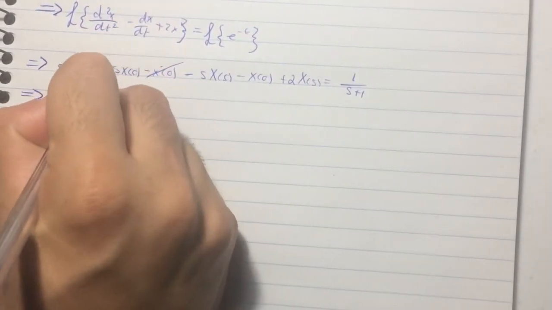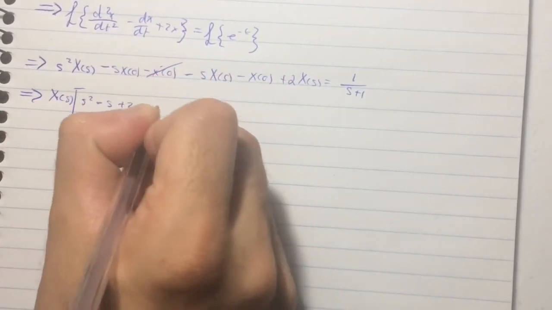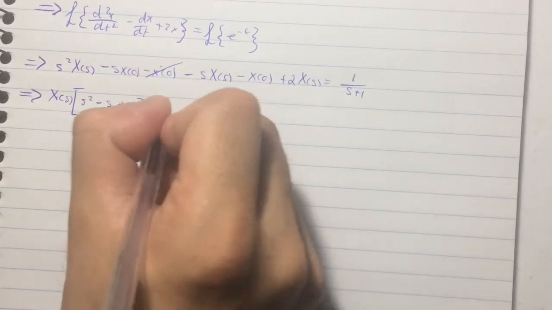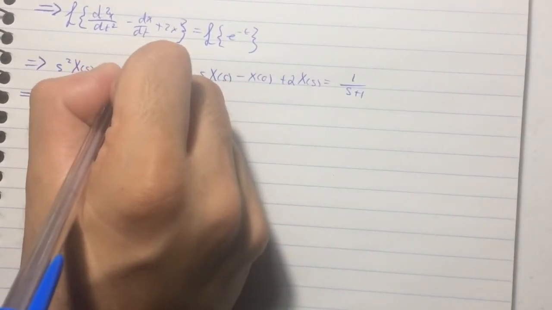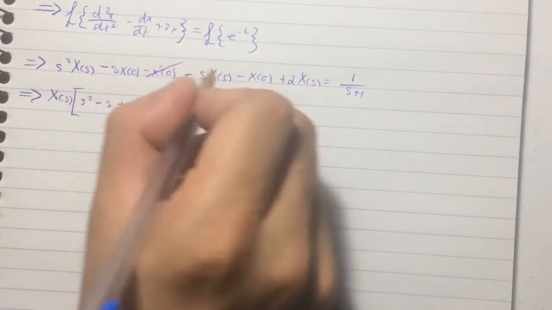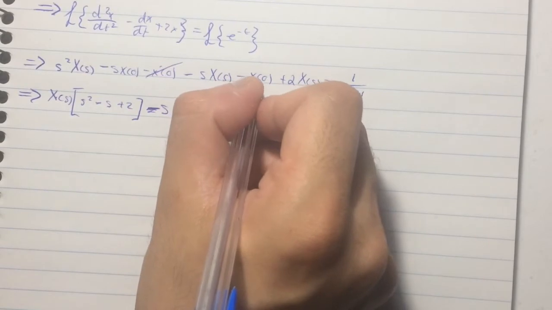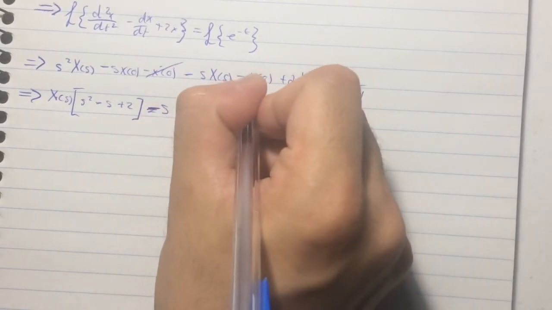So, s squared minus s plus 2. And, sorry, before I do the equals to, I'm going to say that's minus x of 0. x of 0 was 1, so that's minus s. And then I have another x dash of 0 here, so that's minus 1.